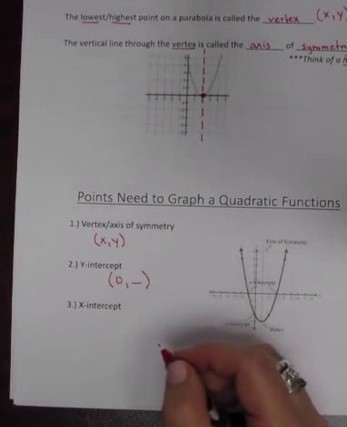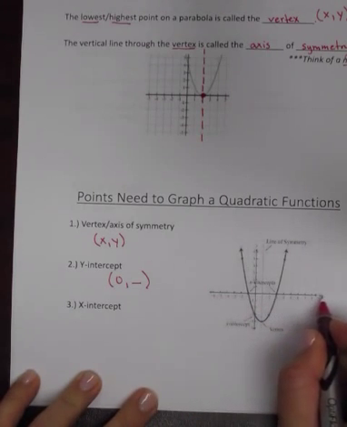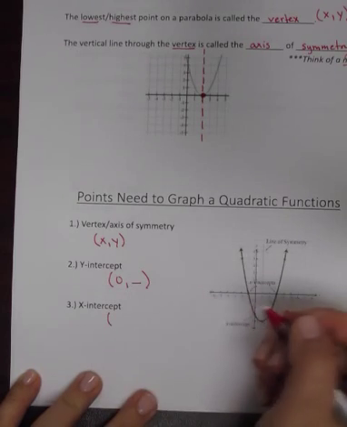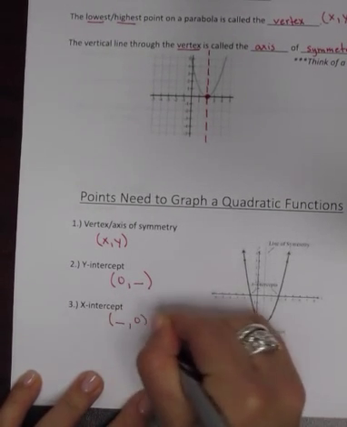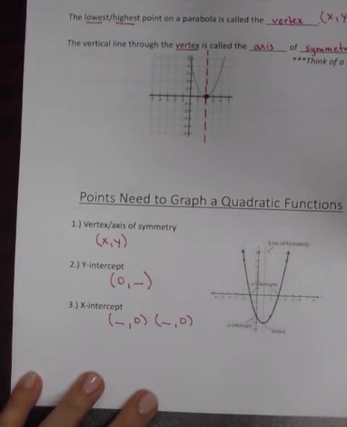And then we're going to find our x-intercept, and our x-intercept is where our parabola will cross our x-axis. So instead we're going to let y equal 0, and solve. This is what we've been doing all chapter.